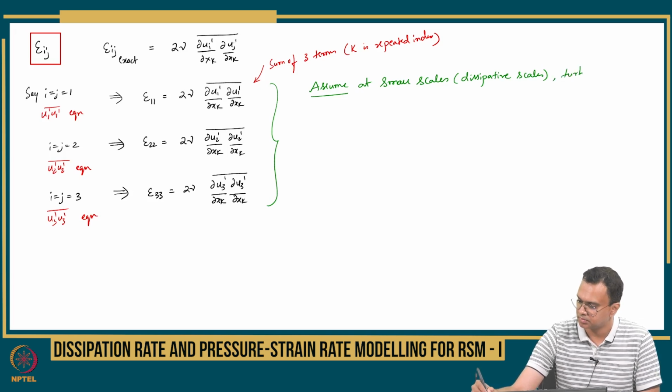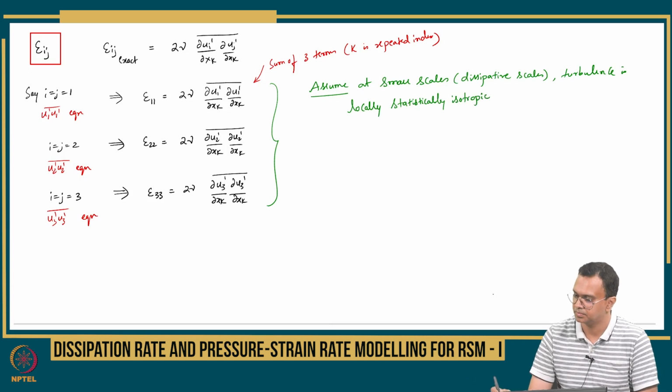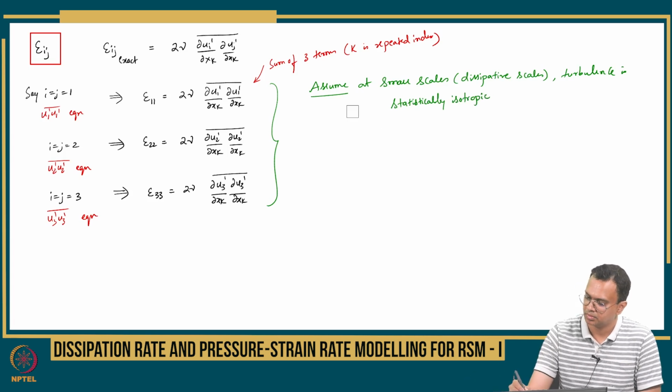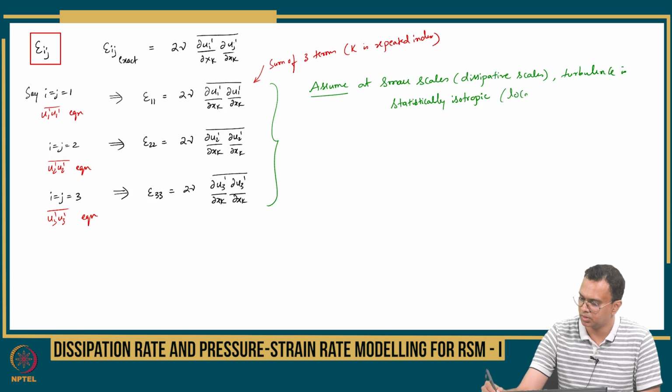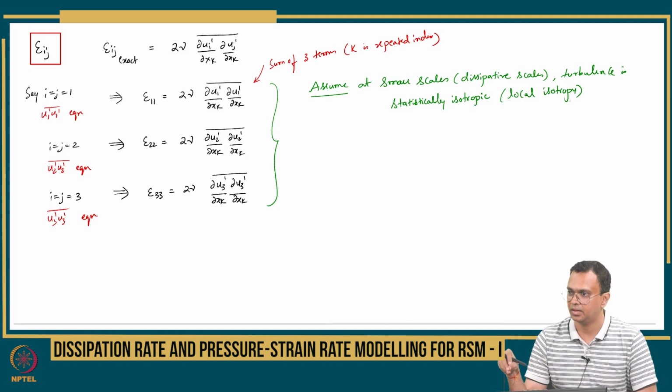Turbulence is locally statistically isotropic. You can say statistically isotropic or local isotropy. Local because it is not at a particular XYZ location, but at these so-called small scales wherever they are present.